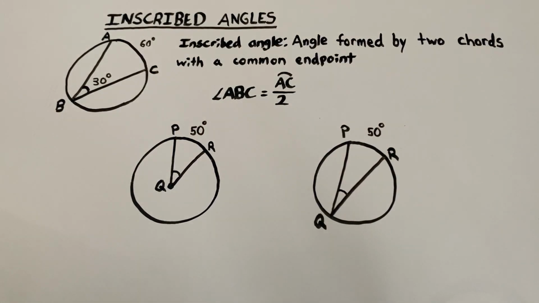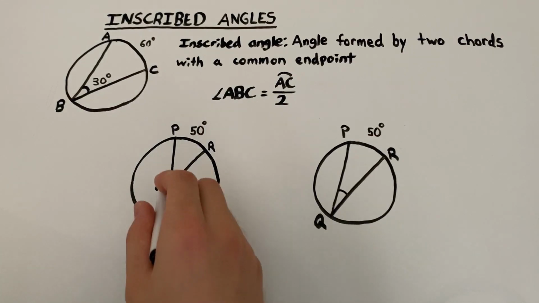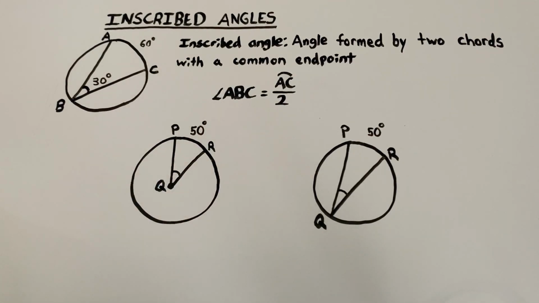Now a lot of students get confused and think that this angle over here is actually equal to 25 degrees because it's arc PR divided by 2. But this is incorrect because this angle is actually not an inscribed angle.